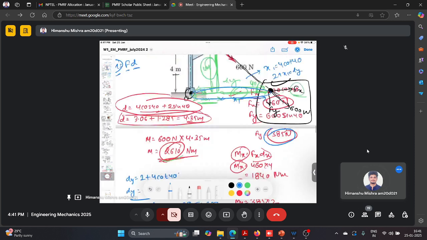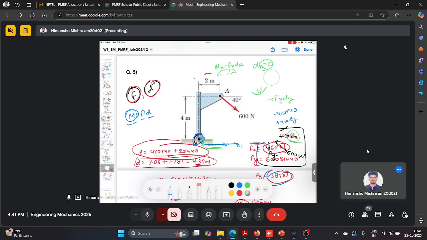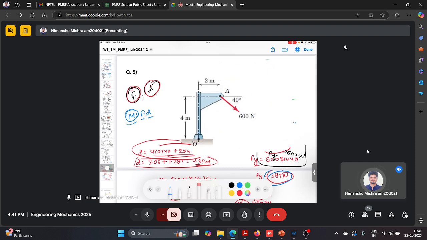Right? So just to recap, we have been given this force 600 Newton, and we have to calculate the moment from this force about point O. And in this question, we actually use three methods to calculate the moment. In the first method, we know that in order to calculate the moment, we need a perpendicular distance and a non-zero force.